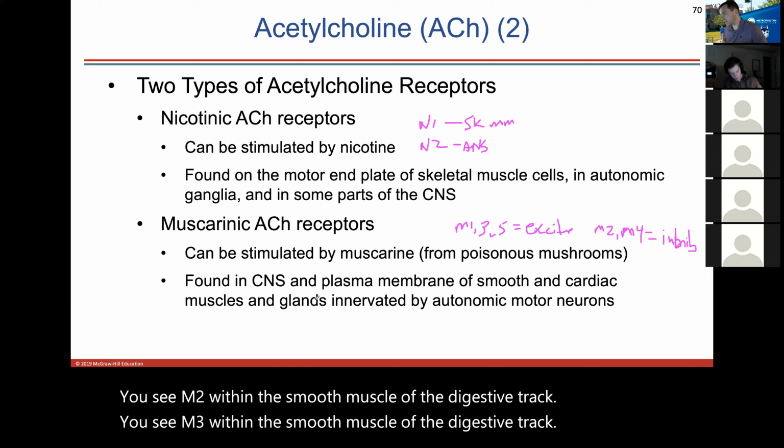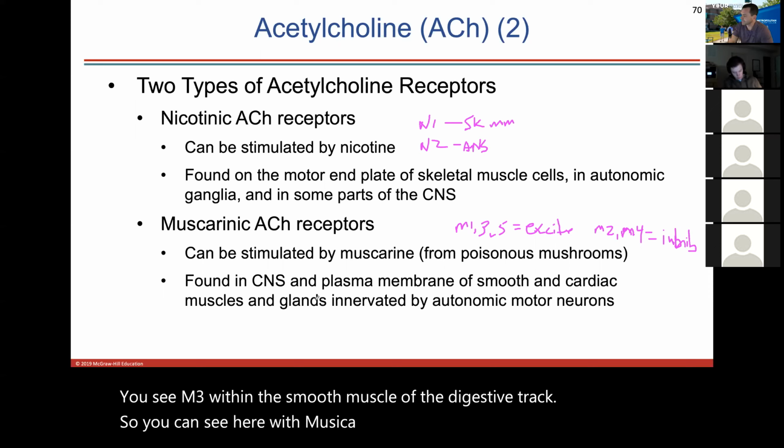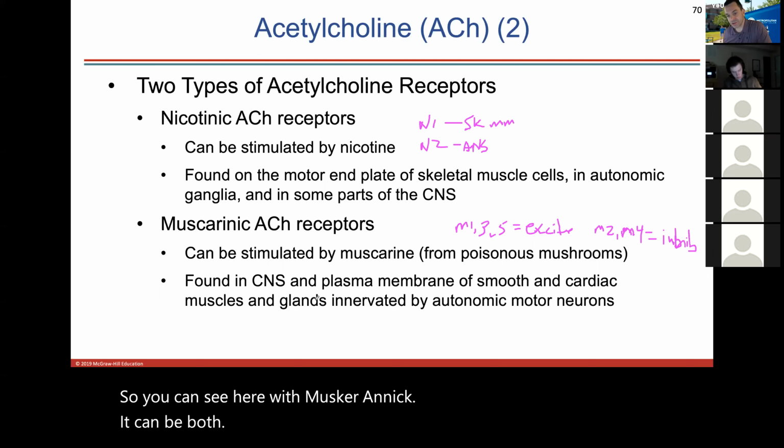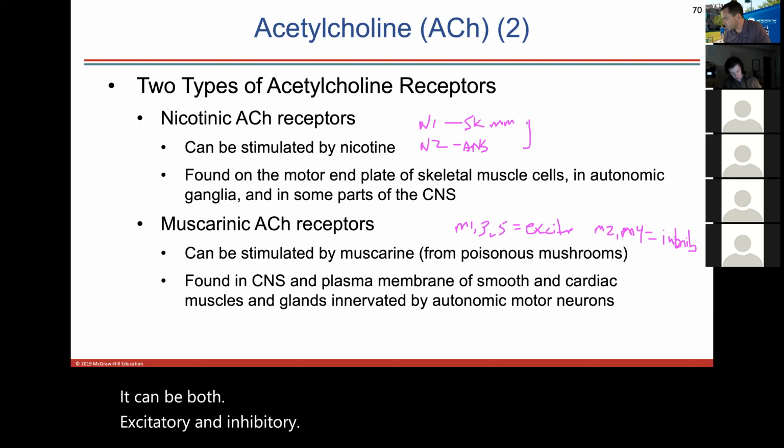So you can see here with muscarinic, it can be both excitatory and inhibitory. When it comes to nicotinic, they're typically excitatory.